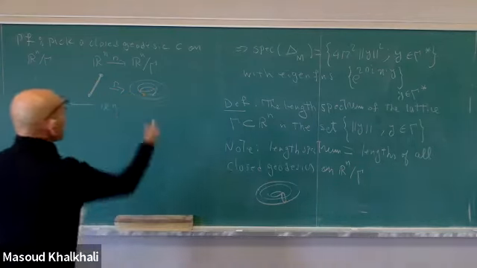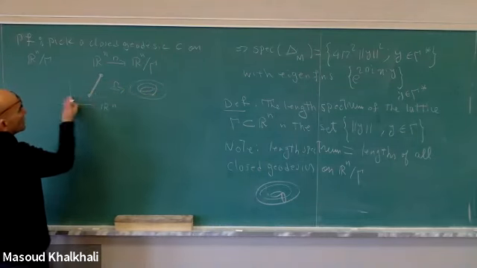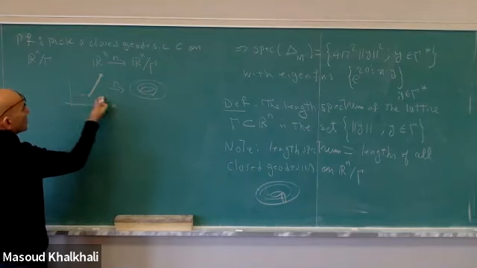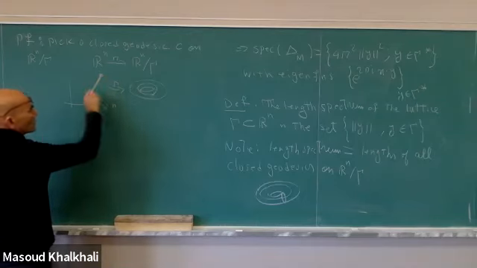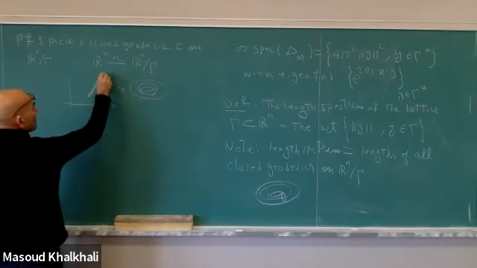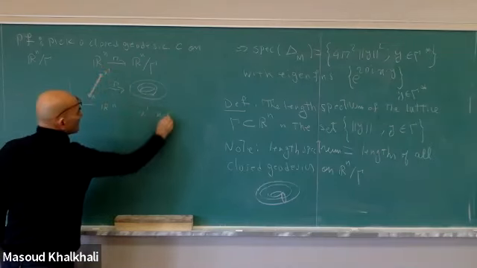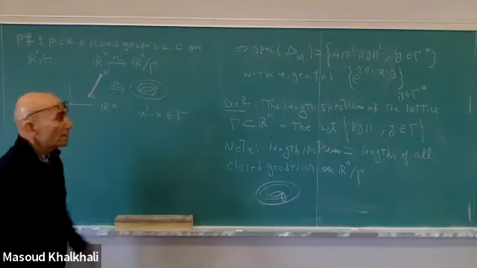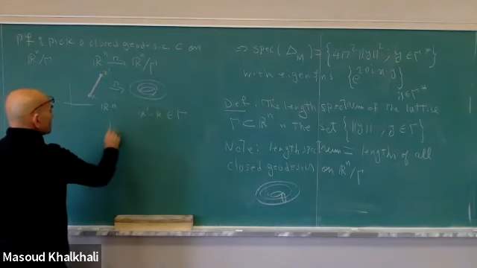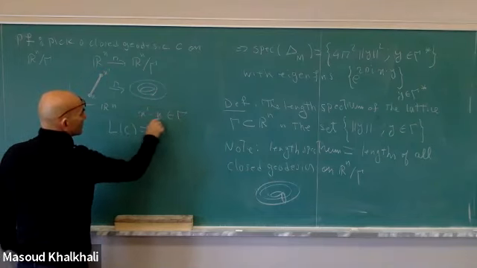We know what the geodesics in Rn are: straight lines. Because they end up at the same point, if this is x prime, then x prime minus x must belong to the lattice gamma, and the length of C must be exactly the length of this vector.